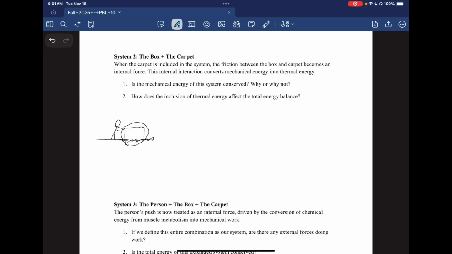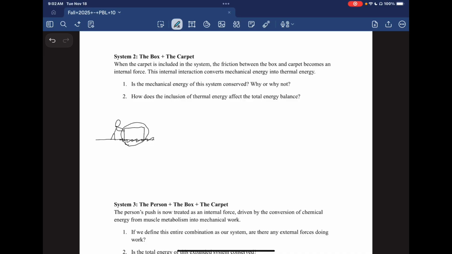And then question two, how does the inclusion of thermal energy affect the total energy balance? So a reminder that this friction converts the mechanical energy into thermal energy. And that pretty much happens every time. Inclusion of thermal energy affects the total energy balance because friction, since it's an internal force, is a non-conservative force.